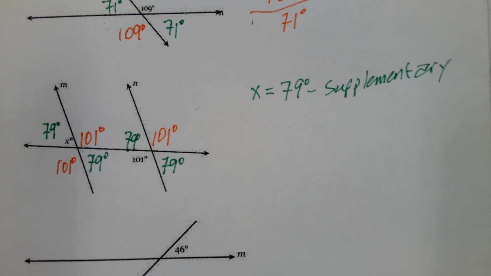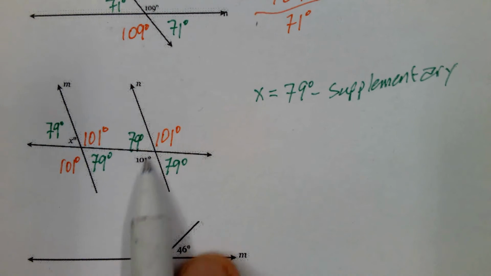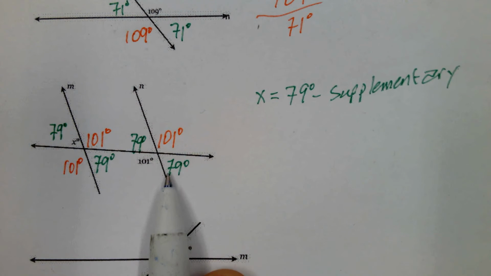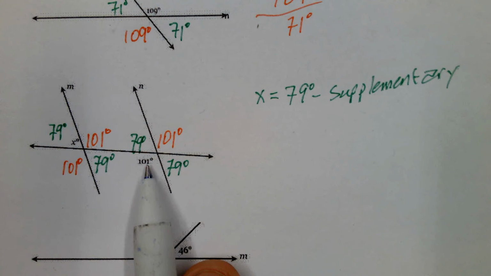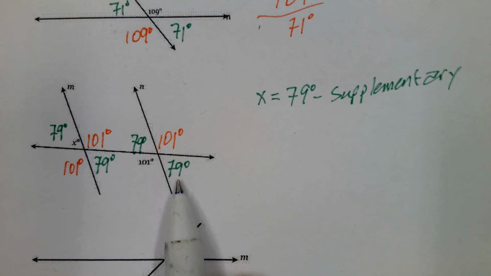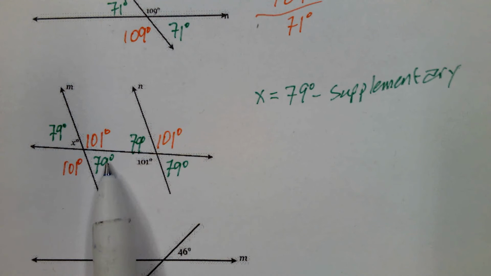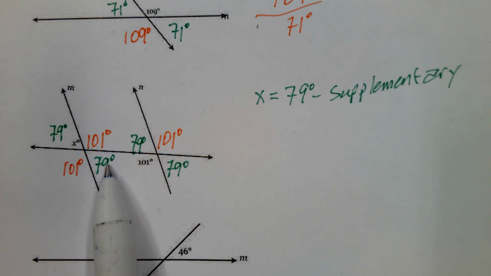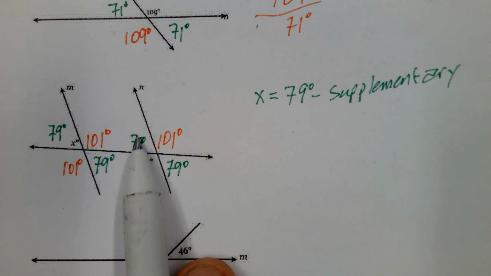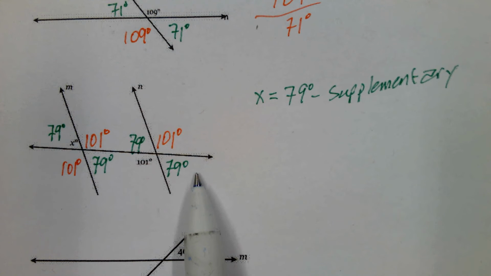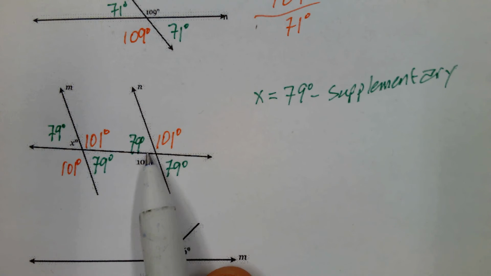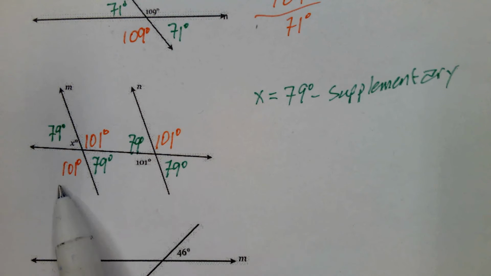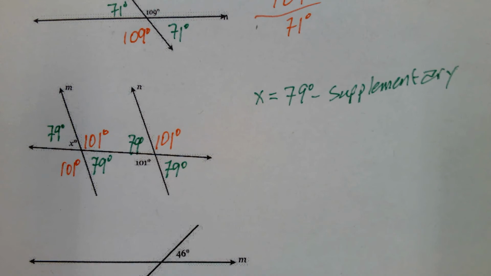The next one, they give us 101 degrees here, and this acute angle can't be 101. It has to be the supplement. So 180 minus 101 is 79. And then you could find this one from vertical angles, alternate interior angles, alternate exterior angles. And then you could do the other ones, vertical angles to find these two, alternate exterior here, alternate interior there.